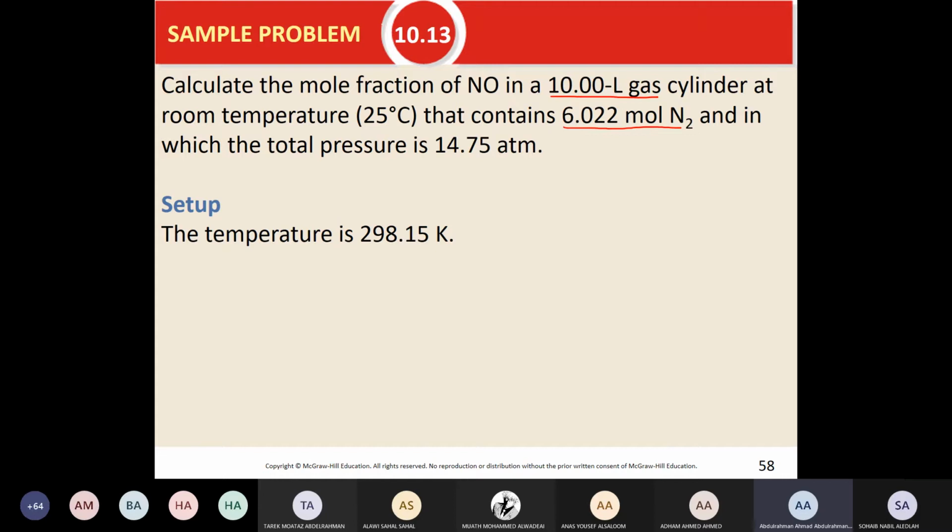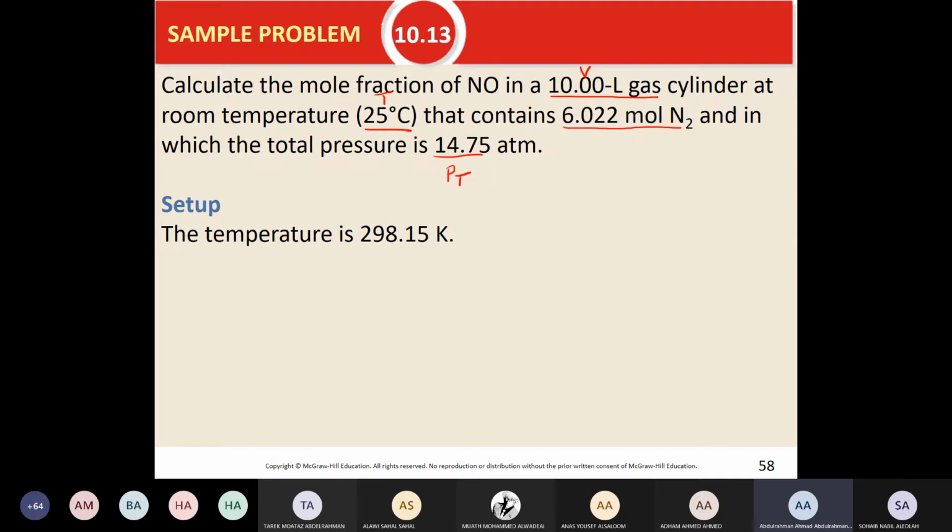14.57. So you have the total pressure PT, and you have the room temperature and the volume. So this is the volume, this is T, and this is PT.